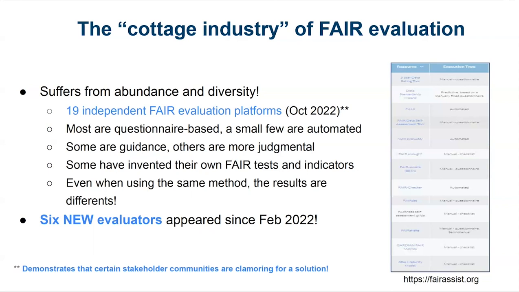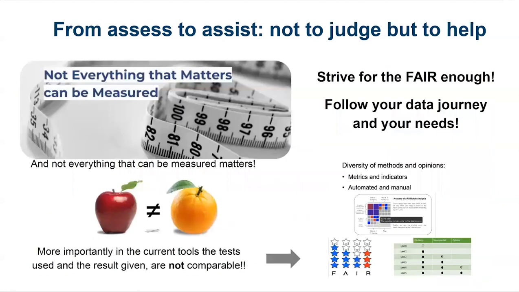But anyway, there are a lot of tools, some are doing evaluation, some do assessment, some are doing assistance to make data FAIR. There are so many. And we're talking about actually 19 or more than 19, because my count is from October, from a website that we maintain here. This is a bit challenging because, like I said earlier, not everything that matters can be measured.